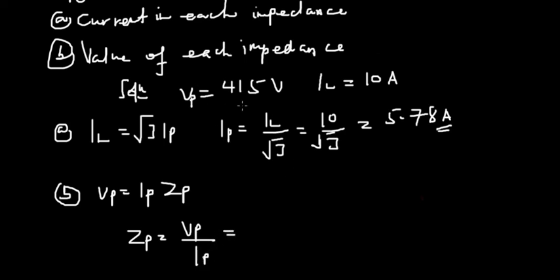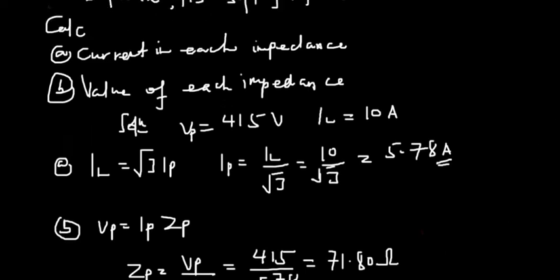We know our VP to be 415, and then you divide that by your IP, which is 5.78. When you compute this with your calculator, you end up with 71.80 ohms.